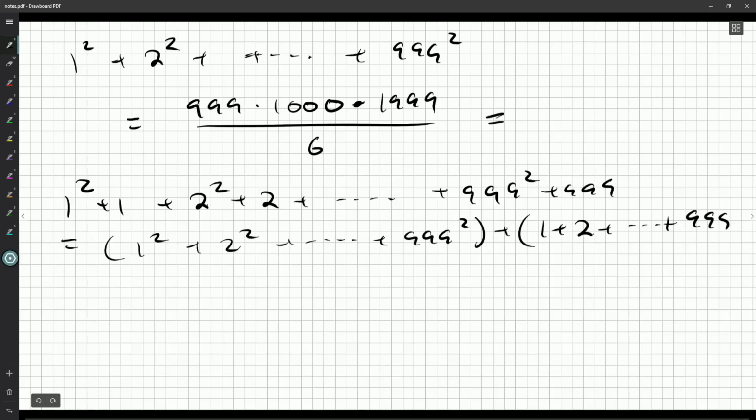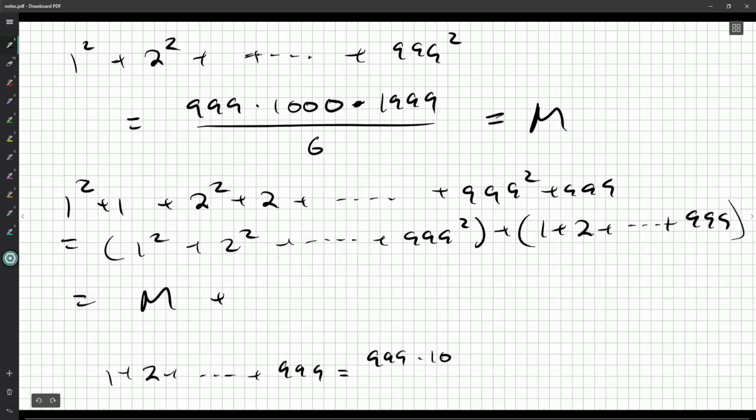So if I call this number, I don't know, m, what we've really got is m plus the sum of the natural numbers, which I think we should probably also give a name. So 1 plus 2 plus up to 999. That's going to be 999 times 1,000, m times m plus 1 all over 2. And I'm going to call that capital M, I guess.